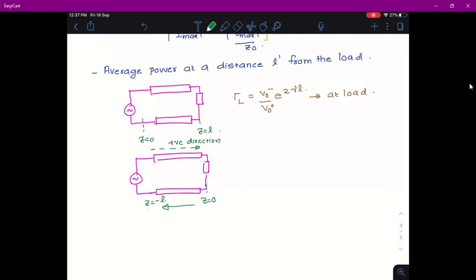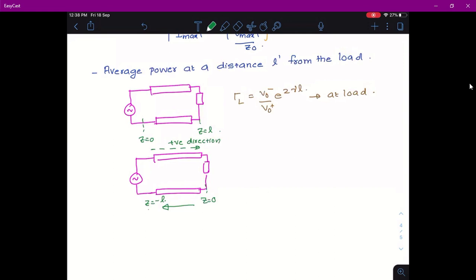When you shift the axis, it will not change any expressions for input impedance or the value of characteristic impedance; nothing will change. This is for our convenience, so that the derivation can be done easily.